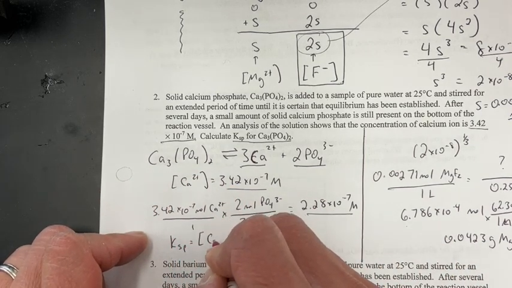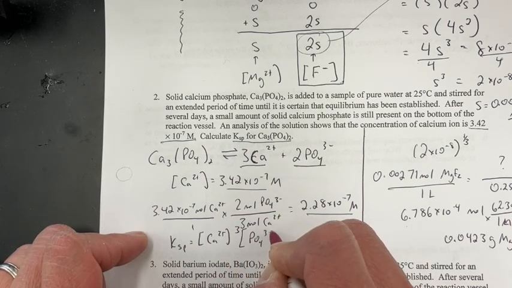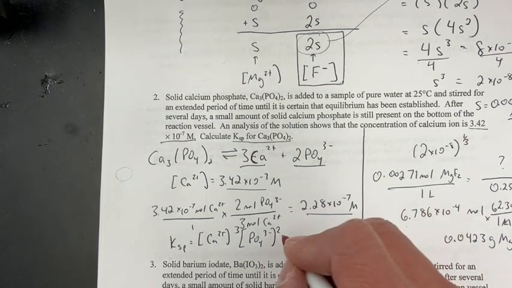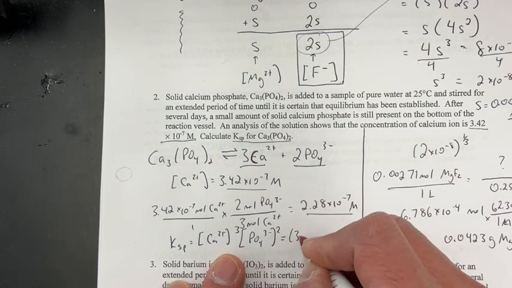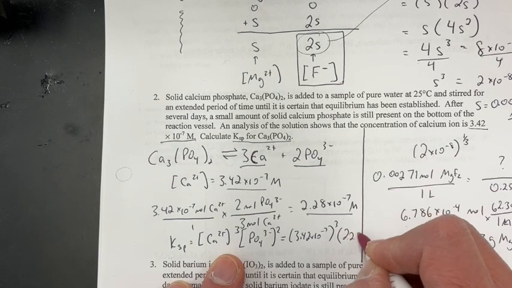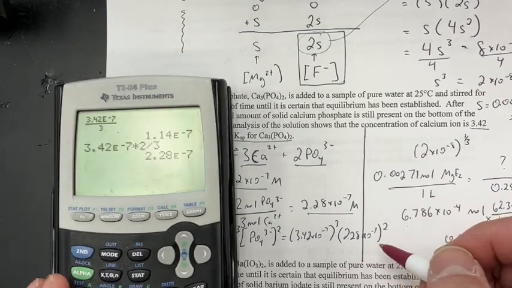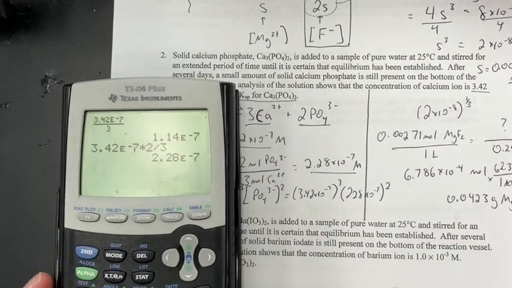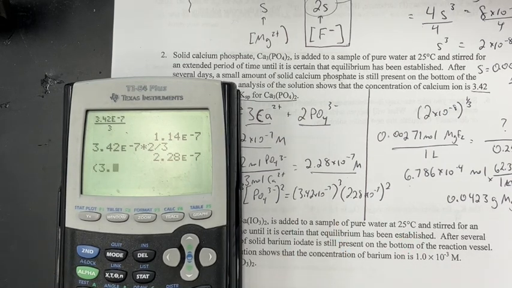KSP is Ca2 plus cubed times PO4 3 minus squared, right? So I can take this and plug it in: 3.42 times 10 to the minus 7 cubed, times 2.28 times 10 to the minus 7 squared. This is going to be a really small number. In my calculator, I type in 3.42 e minus 7 cubed.